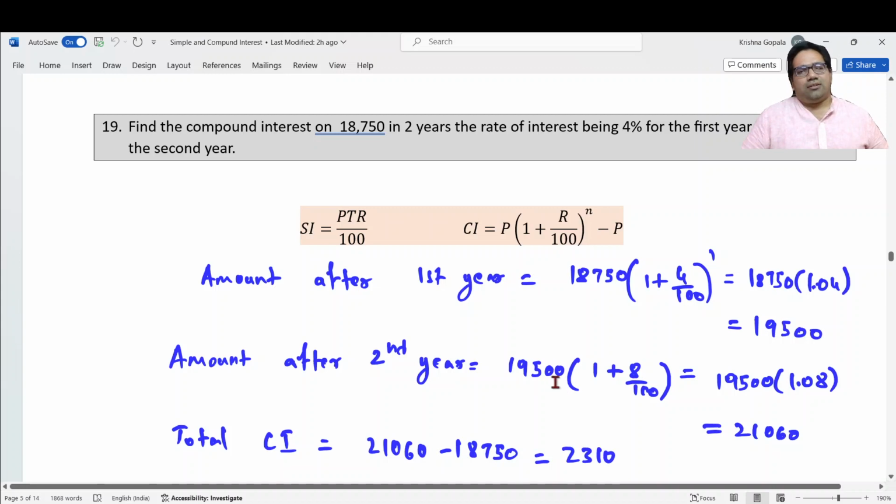The total amount by the end of the second year will become, with this as P, P into (1 plus 8 by 100), for 1 year only. So 19,500 into 1.08 becomes 21,060. So the total compound interest is the final amount at the end of 2 years minus the original amount at the beginning of the first year. 21,060 minus 18,750, 2,310 will be the compound interest.